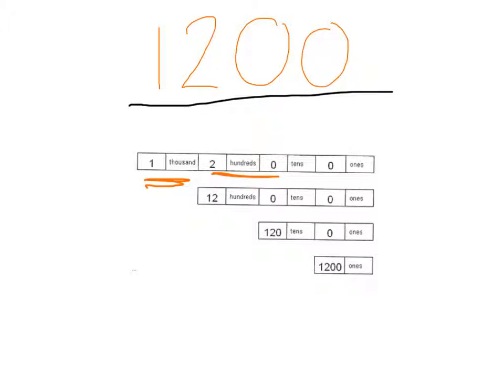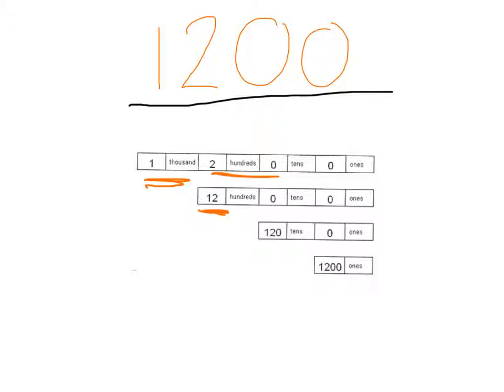So on the next line of our expander, we have 12 written in the hundreds. So 1,200 is actually the same as 12 hundreds. It is still the same number, it is just a different way of representing it.